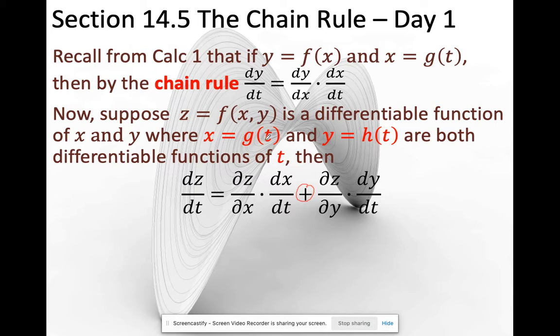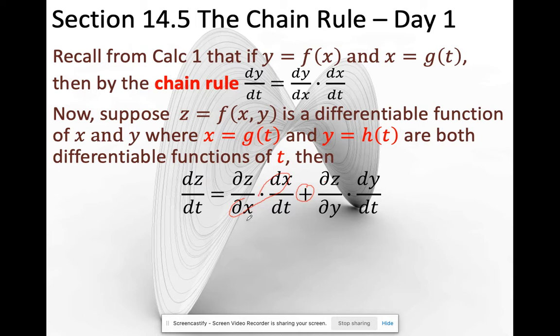X is a function in terms of time, and y is another function in terms of time. Then the rate of change of z with respect to time is a sum of products. Notice you still see the chain. Partial z, partial x times the derivative of x with respect to t. And partial z, partial y times the derivative of y with respect to t.